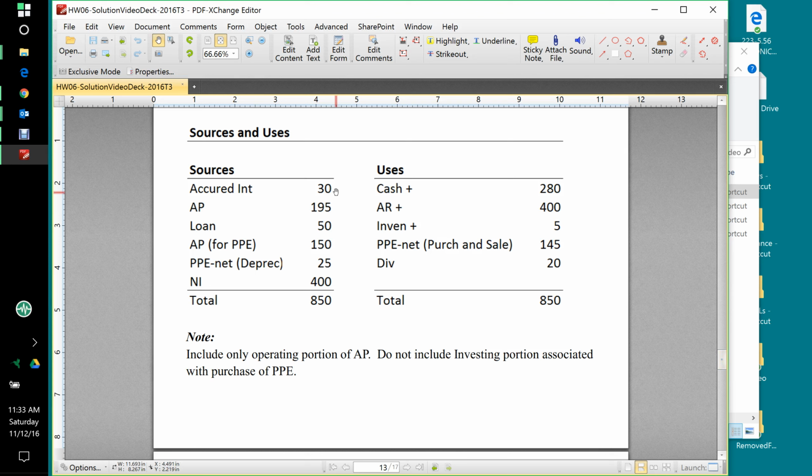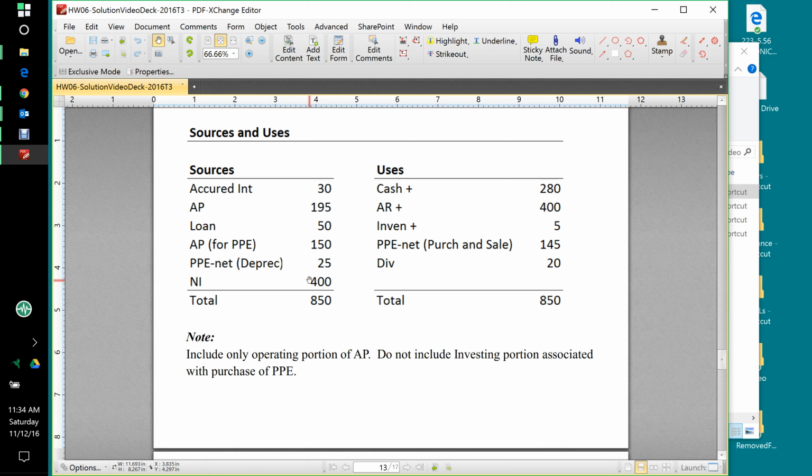Okay, so accrued interest is clearly operating, so that's going to be a source. Our accounts payable operating portion, that's going to be a source. Loan is clearly not working capital. AP for PPE is clearly going to be investing. PPE net for depreciation, remember, we've already used that. We've already moved this algebraically up to get our cash associated income section.